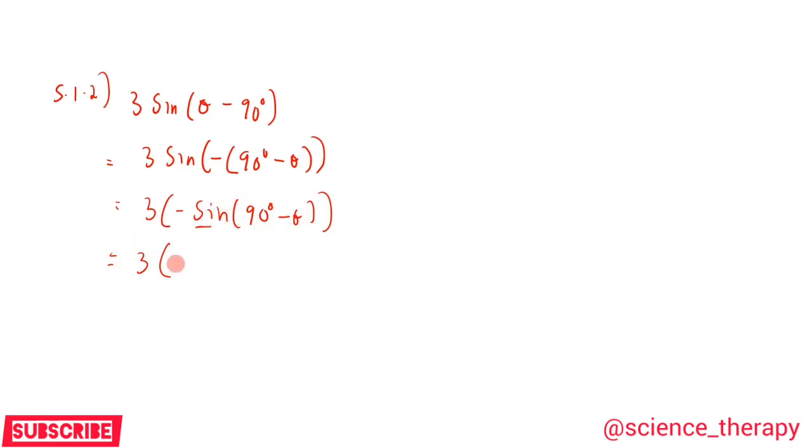It is positive. So this will change to cos theta. Remember, this negative here is from the one that we factored out, but sine in the first quadrant is positive, cos theta.